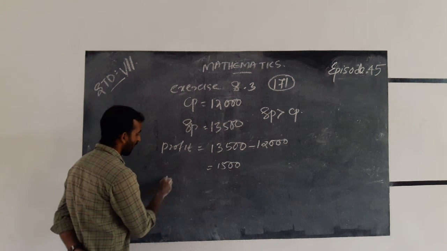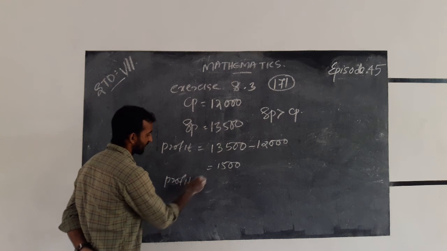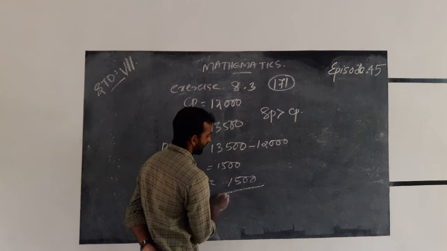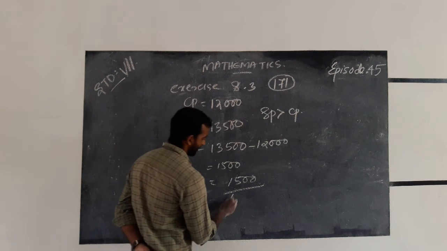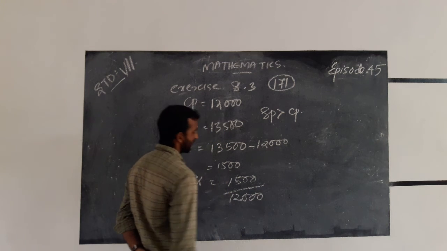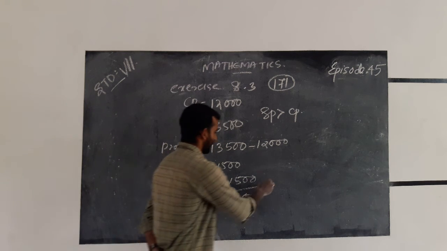Profit percentage equal to 1,500 divided by CP, that is 12,000 into 100.